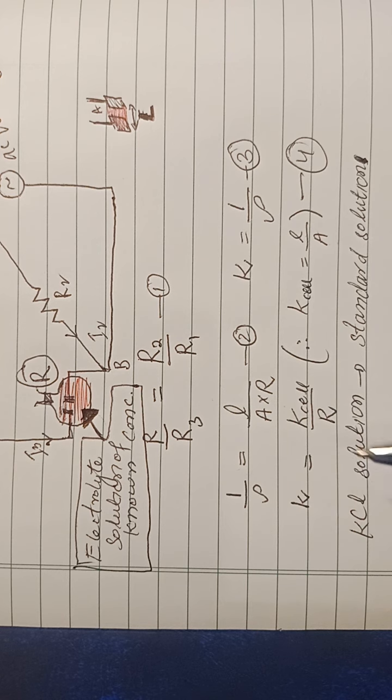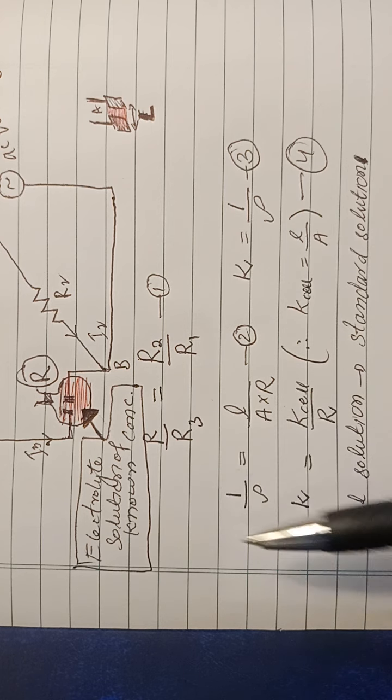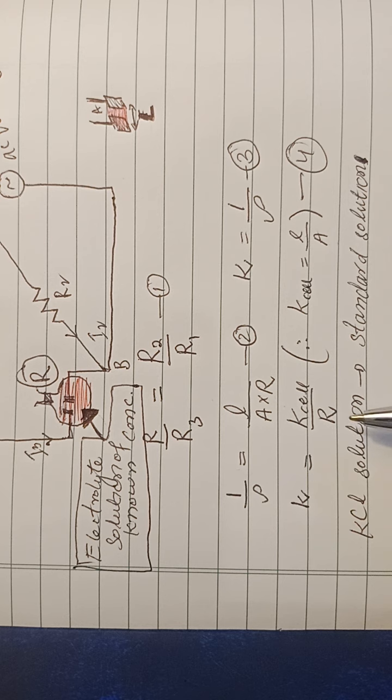For an unknown solution, we need to take the solution with the known concentration, measure the resistance of the solution, and then the conductivity of the solution can be calculated using equation 4.